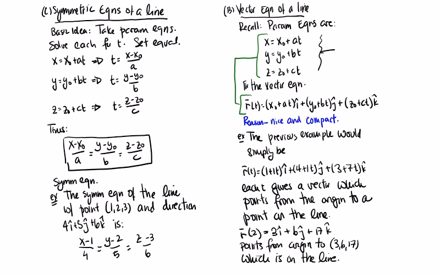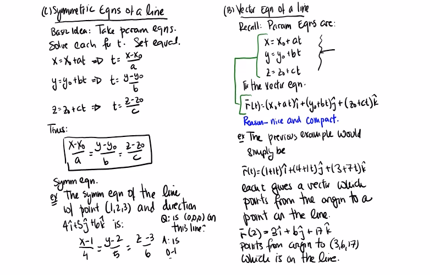So then, for example, if we were to say, is the origin on the line? Right? So I'll just tuck this in here because it's really easy to see. Is 0, 0, 0 on this line? The answer is to plug it in.